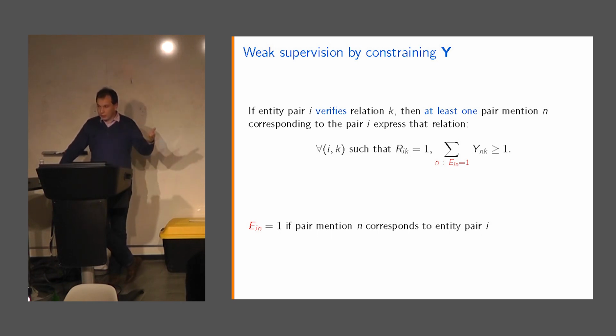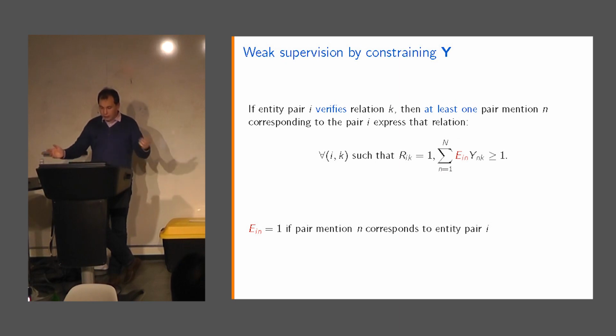Again, we can write this as taking the sum over all the sentences in which the entity pair i appears, and we want these sums to be greater than or equal to 1. And so we obtain a linear constraint on the matrix Y.